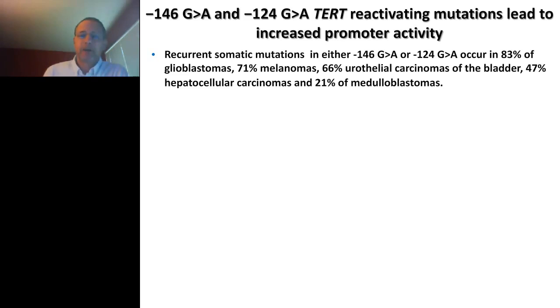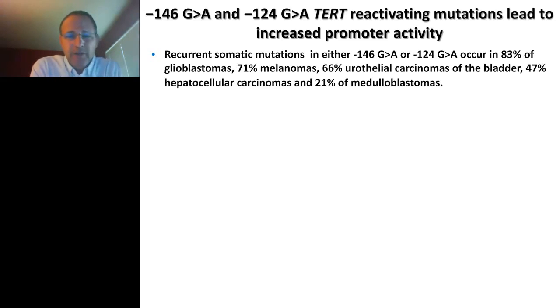So in 83% of glioblastomas, you would find either the minus 124 or minus 146 mutation. 71% of melanomas will either have the minus 124 or minus 146 mutations. So these mutations, either one of these two, are extremely common, and what they do is actually activate the TERT promoter, make telomerase active, which allows for cancer progression.